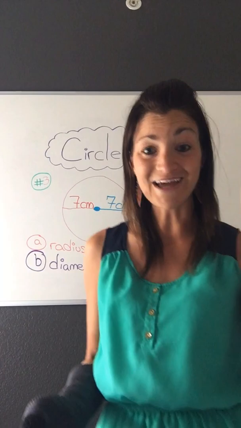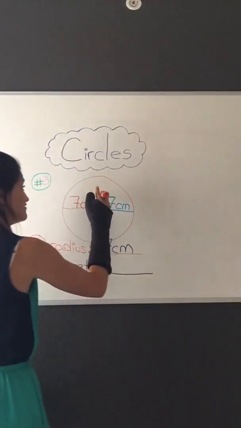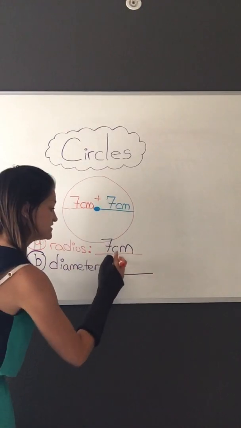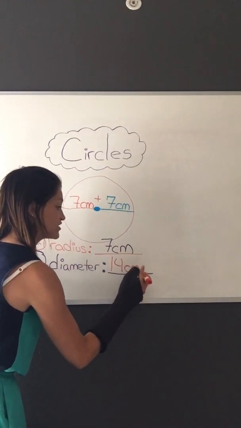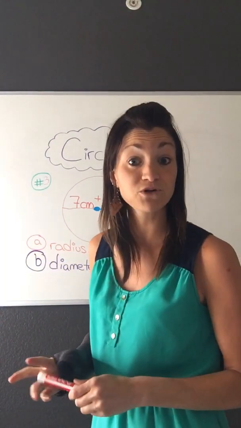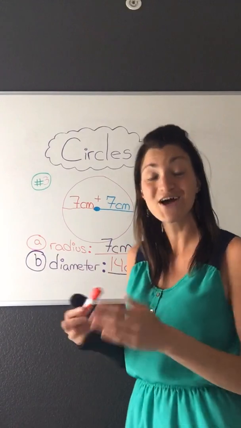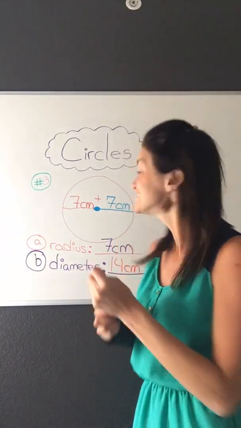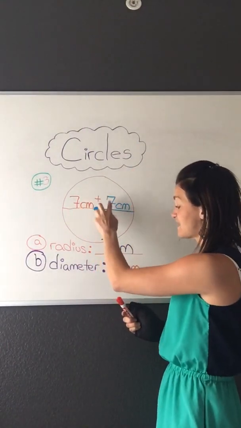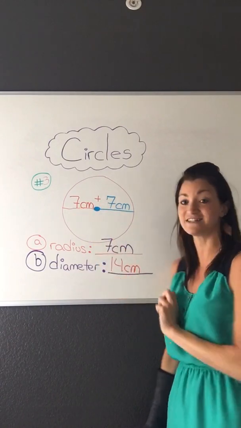So if your brain likes addition, go right ahead and do 7 plus 7 to get 14 centimeters for the total diameter. If you don't like addition and you prefer multiplication, more power to you. You would do 7 times 2 because there are 2 halves to make a whole. Okay? So either way, if you do 7 plus 7, you get 14 centimeters. And if you do 7 times 2, you get 14 centimeters.